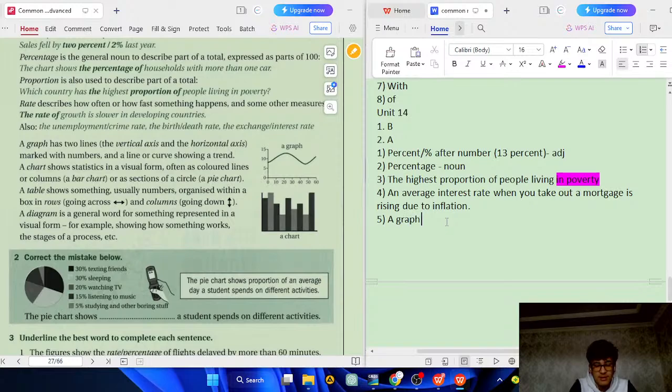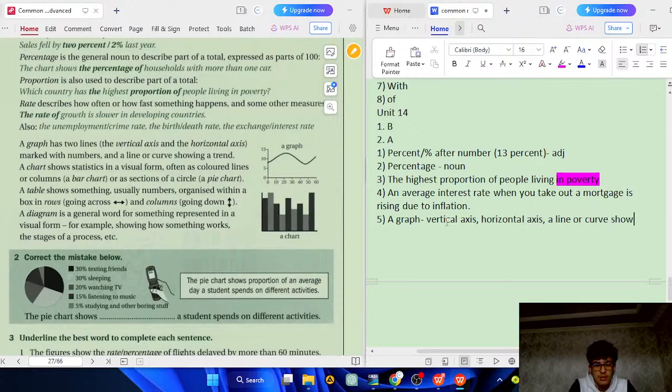But before that, a graph. What's a graph? Graph: vertical axis, horizontal axis, the line or curve showing a trend.